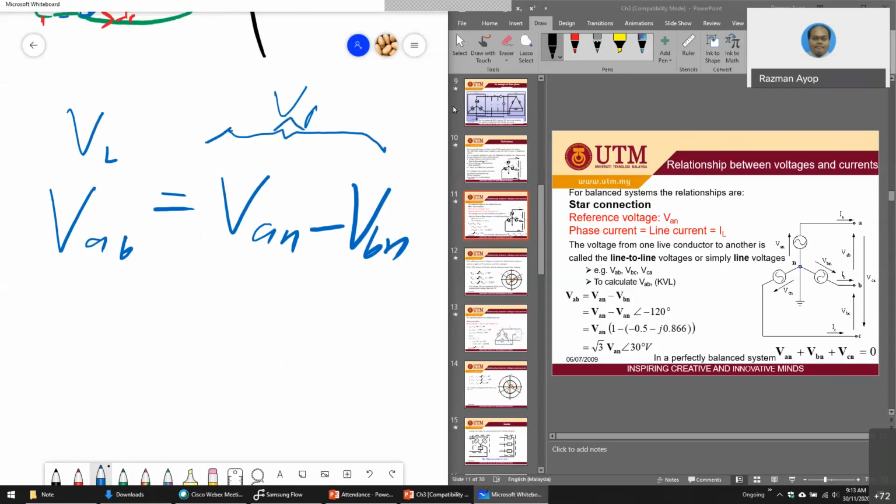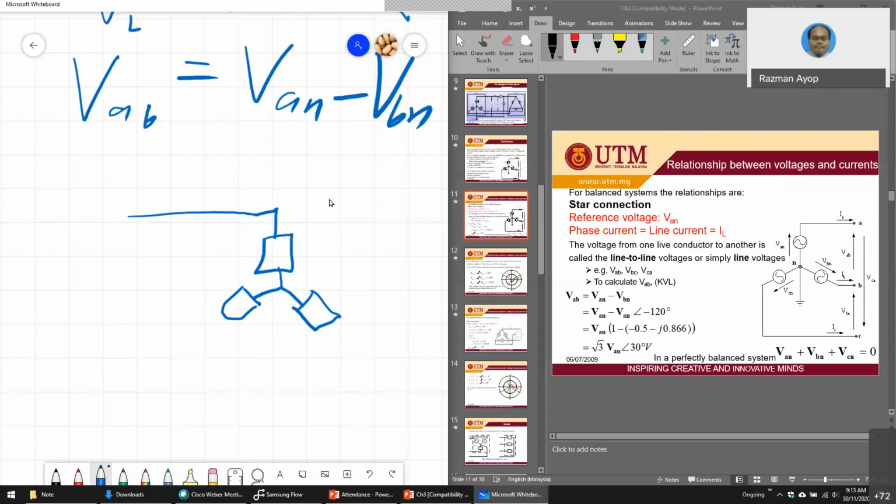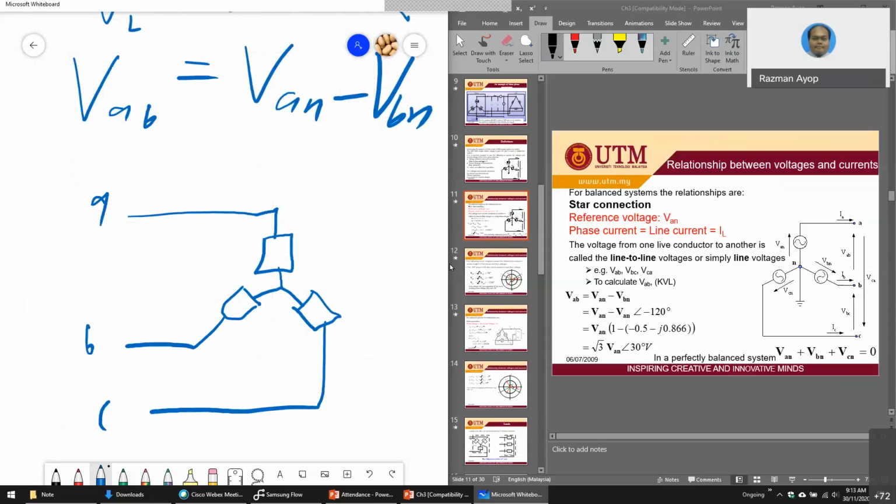If you draw this star connection, A, B, C, this one is VAB, this one is VAN, this one is N, and this one is VBN, positive.